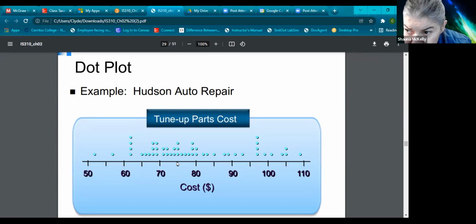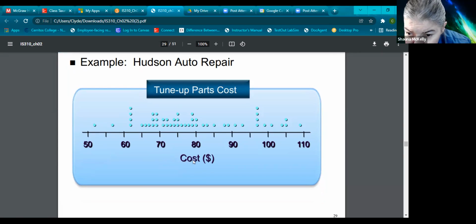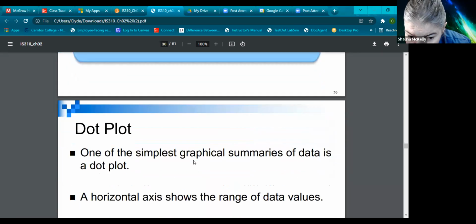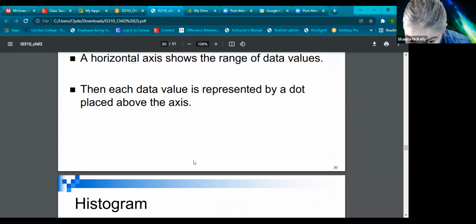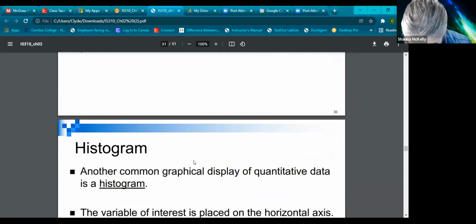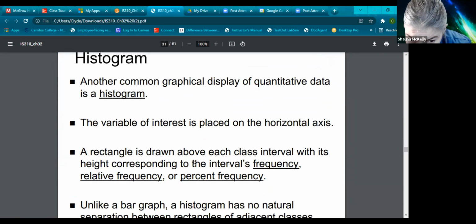So what she's plotting here is the original data. She's not plotting from the frequency distribution. She's plotting the original data values on her dot plot. And then again, she just gives you some descriptions.